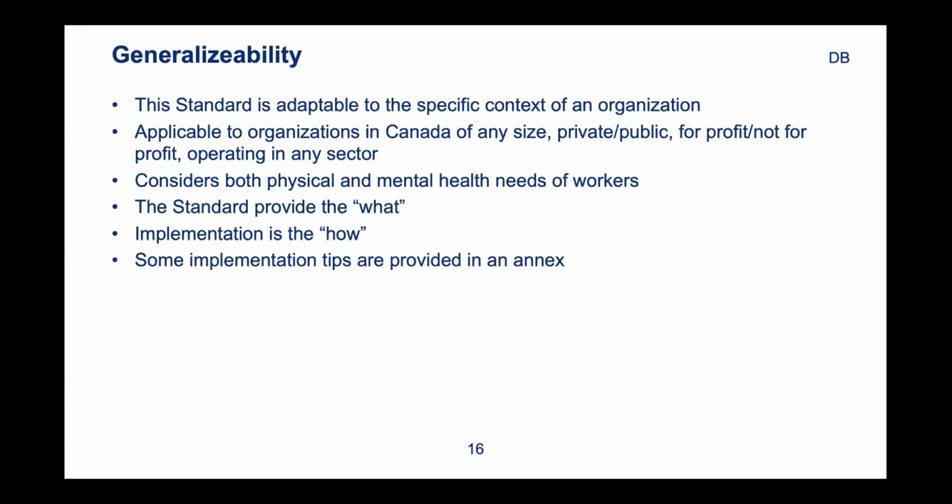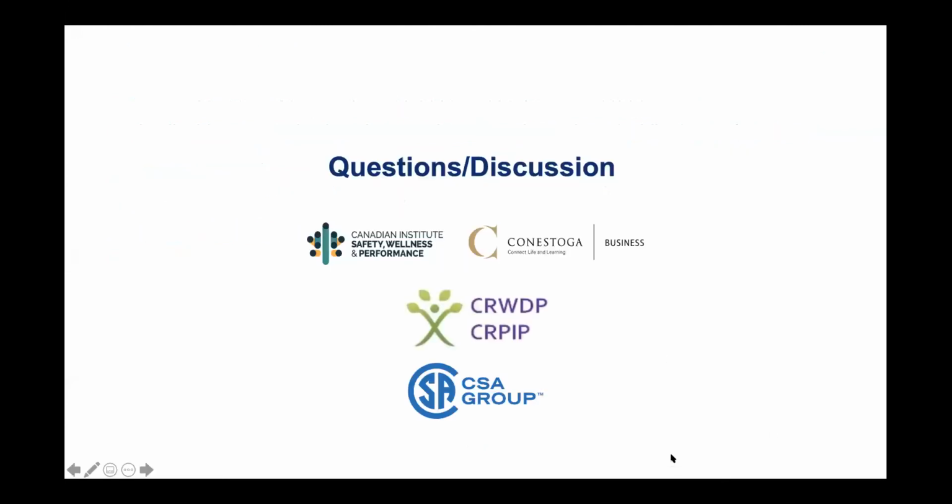As I said, a very important aspect of the standard is around the annexes and those recommendations and guidance material that are available to provide additional support for organizations that will be implementing this standard. And as I mentioned again, the implementation tips provide quick guidance of how this standard could be implemented.